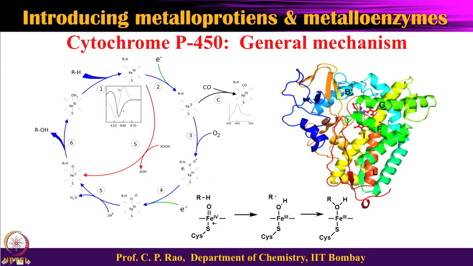It is not a free O2, it is activated by the enzyme. So the first step, which is otherwise not favorable, has been made favorable. Therefore, the role of the enzyme is to hold the oxygen and to activate the oxygen. Then at this stage one more electron will be added and that will become O2 2 minus.